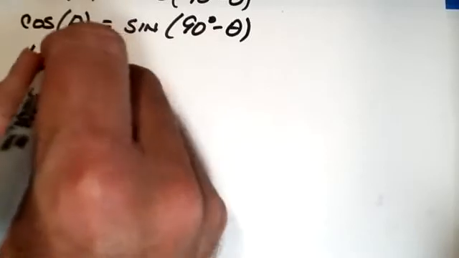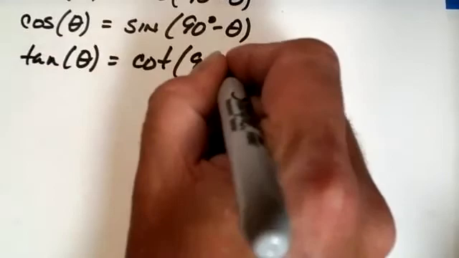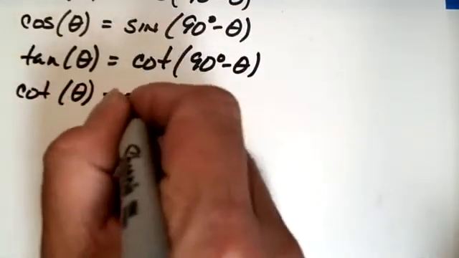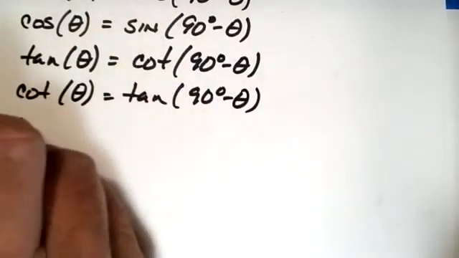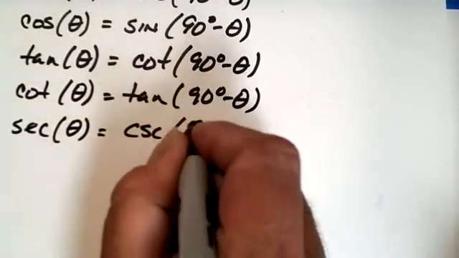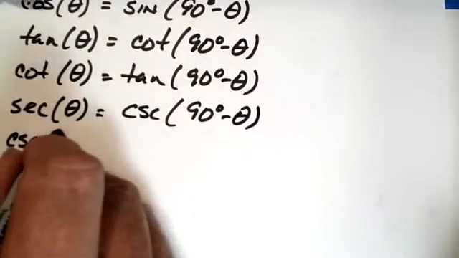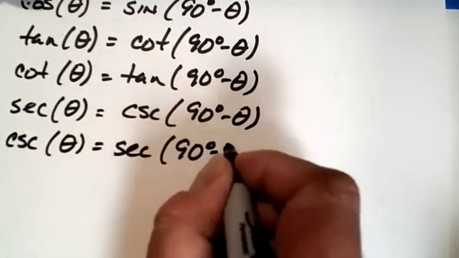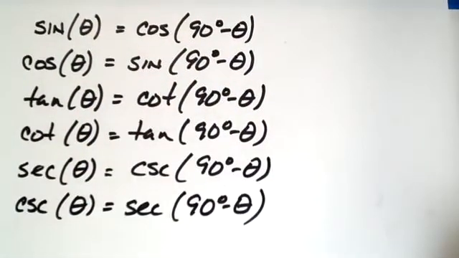So tangent of theta is equal to the cotangent of the complementary angle. And cotangent of theta is equal to the tangent of the complementary angle. Secant of theta is equal to the cosecant of the complementary angle, and cosecant of theta is equal to the secant of the complementary angle. Collectively, these six equations are the co-function identities.